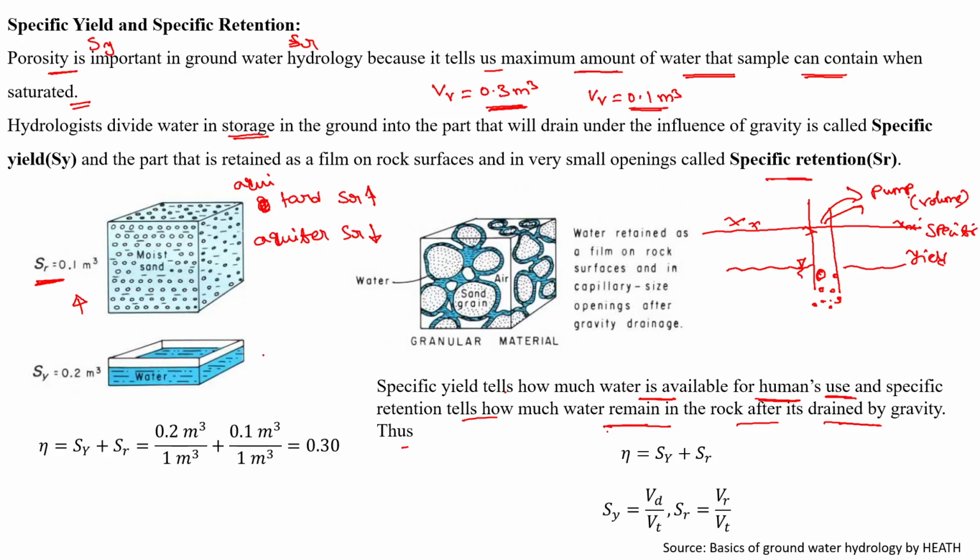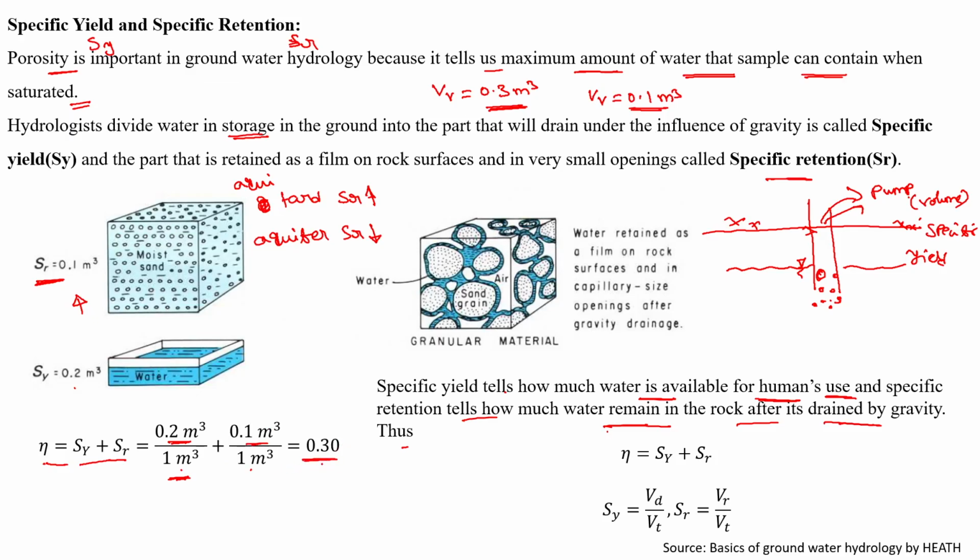What is the relation between SY and SR? Porosity is equal to the sum of SY plus SR. Let's say we have taken a 1 meter cube sample, similar to the previous slide. It has a specific yield of 0.2 meter cube and a specific retention of 0.1 meter cube. If you do this sum, you get 0.3 porosity.